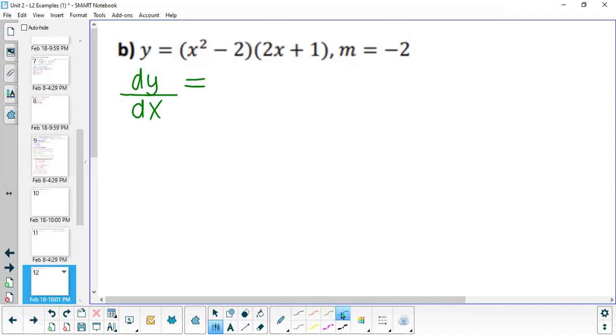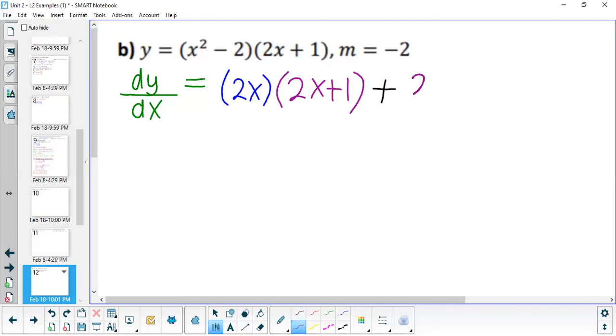Now, the original function has a derivative of 2x, the first function. My original second function is 2x plus 1, but that has a derivative of 2, double checking, 2, and I multiply that by the original.